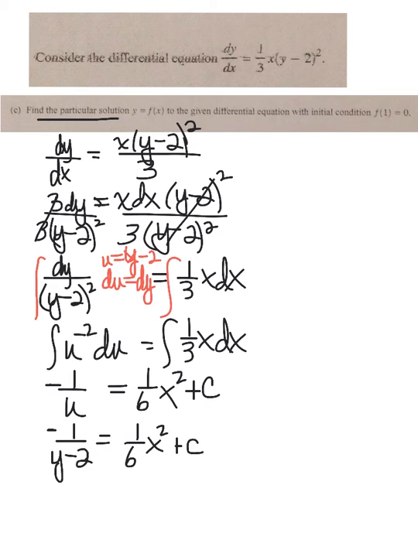Okay, all right, so you can see all I did here was I changed my u to its value, which is y minus 2. Now from here, I would probably suggest that you plug back in the value that they gave you originally, which was (1, 0), so we can find our c. And I'm going to continue that on the next slide.